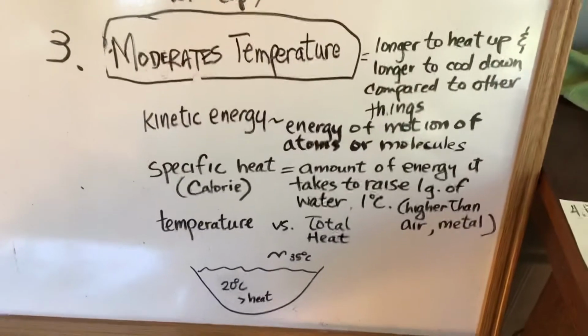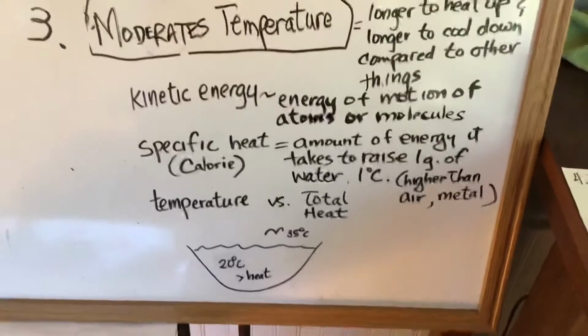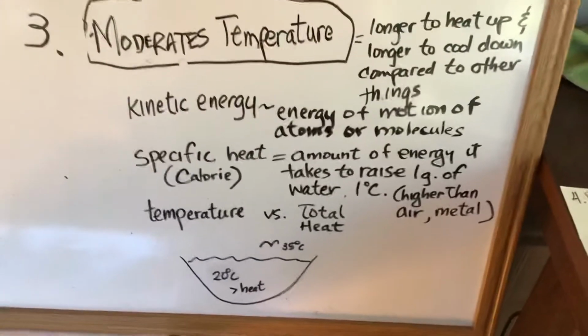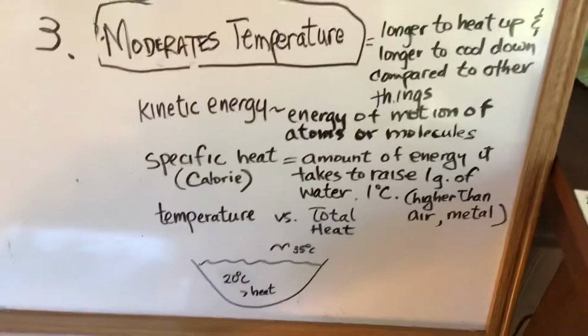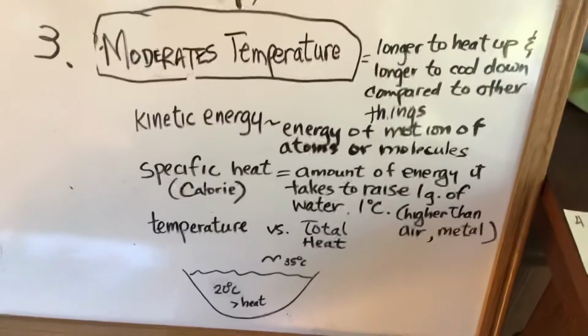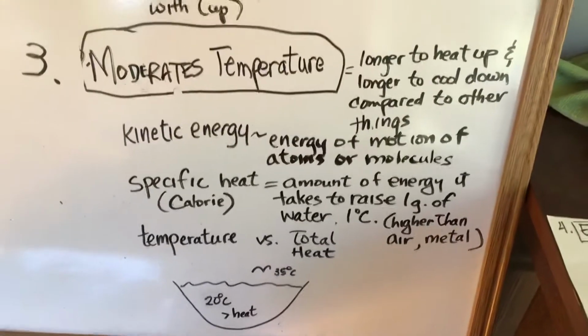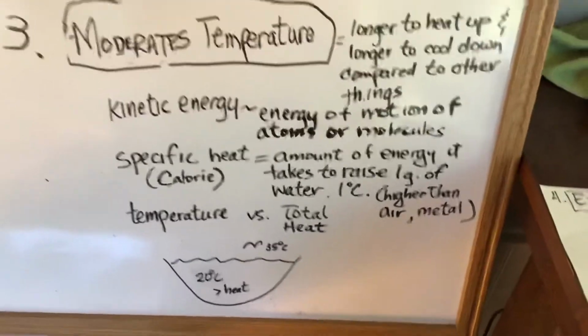Also, I want to just point out here the difference between temperature and heat. Temperature is the measure of the heat energy of something. In other words, it's like the average heat energy of a substance. So size really doesn't matter there. Whereas the total heat is all of the kinetic energy within a substance.